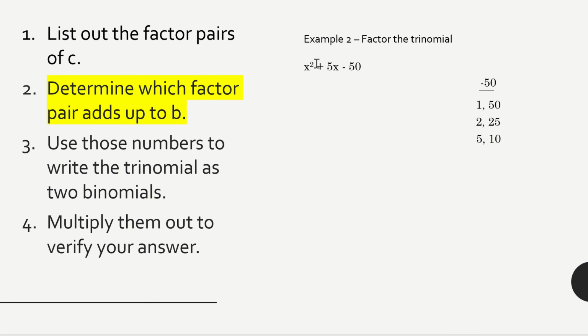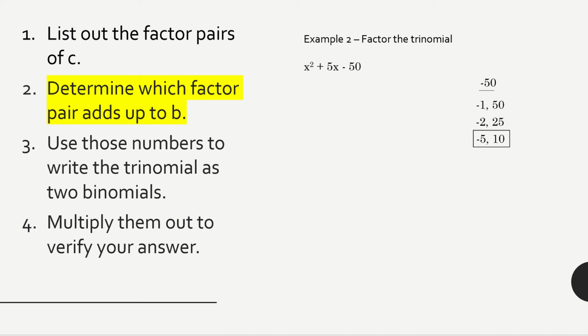Because the pairs need to add up to a positive number, that means the smaller number needs to be negative. These numbers right here, negative 1, negative 2, and negative 5. So now the question is which factor pair adds up to positive 5? That's going to be this one. You have negative 5 and positive 10. Those add up to positive 5 right there.